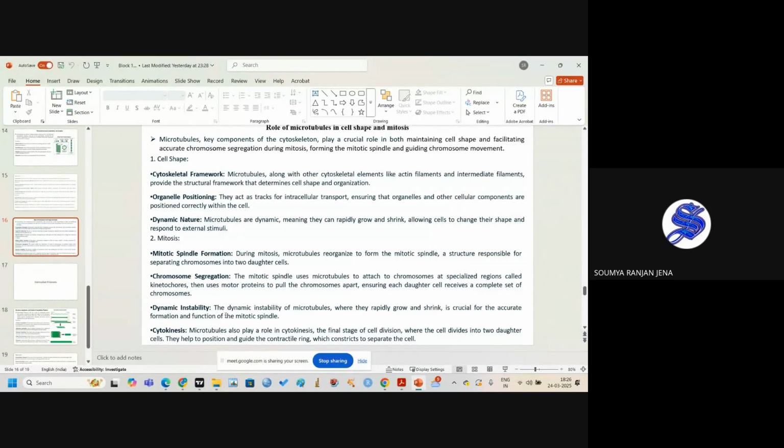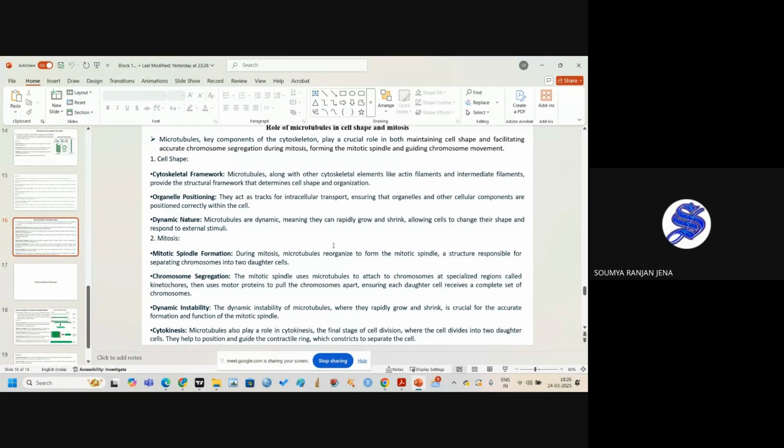And the dynamic instability of these microtubules, where they rapidly grow and shrink, is crucial for the accurate formation and function of this mitotic spindle. And during cytokinesis, the final stage of cell division, where the cell divides into two different daughter cells, microtubules also play a role, helping to position and guide the contractile ring to separate the two daughter cells.